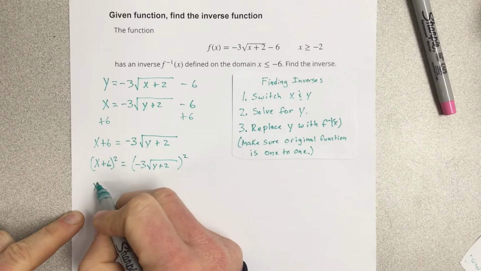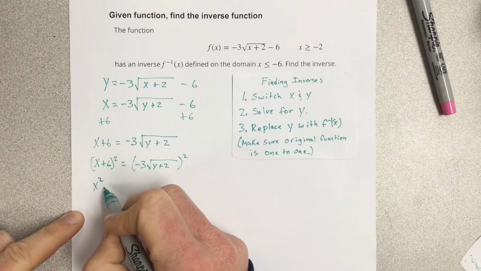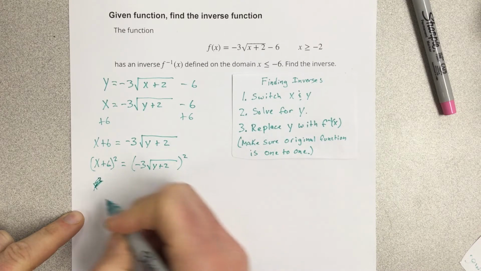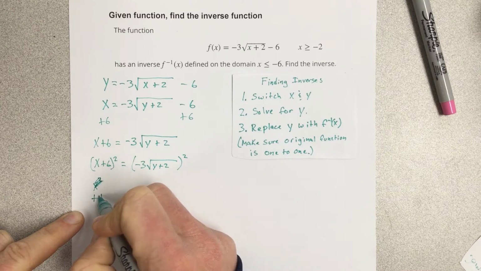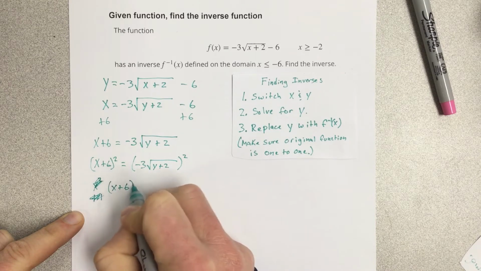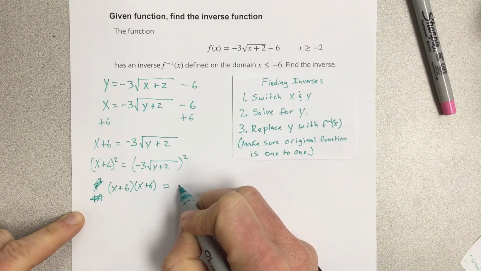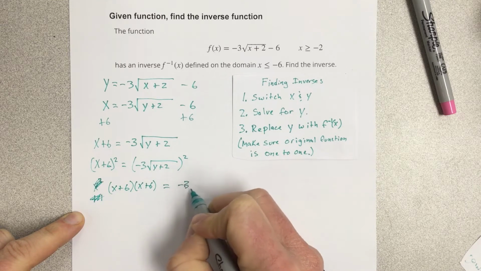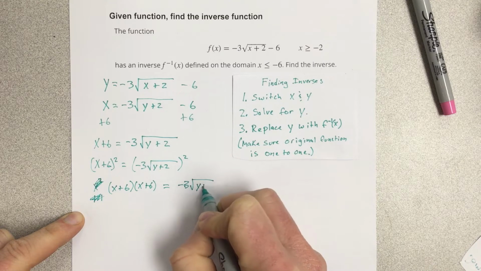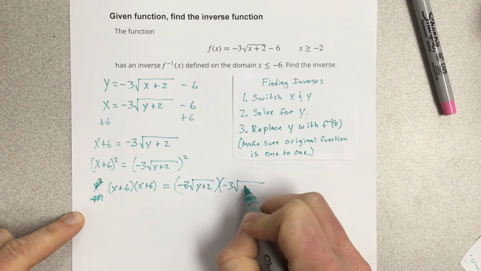Let's write it all out. This is x plus 6 times x plus 6 equals -3 root y plus 2 times -3 root y plus 2.